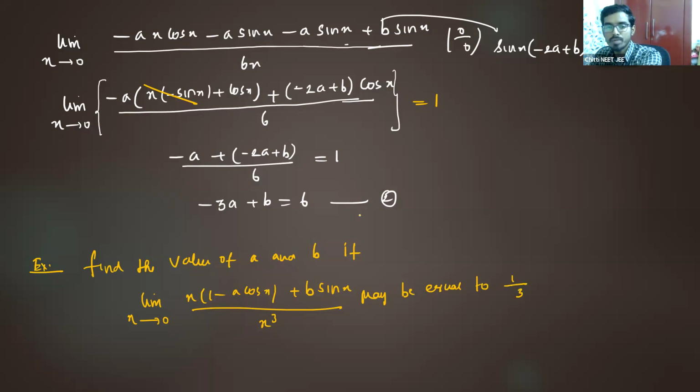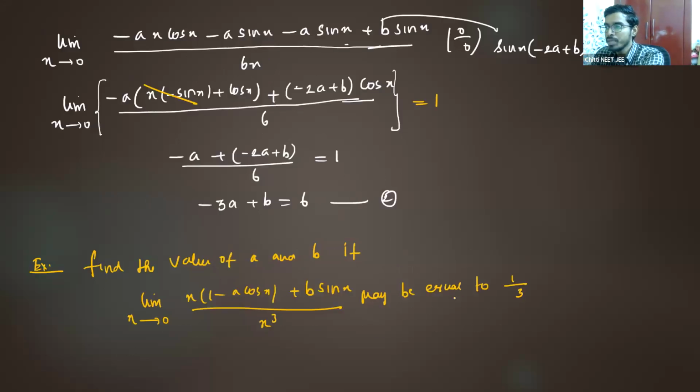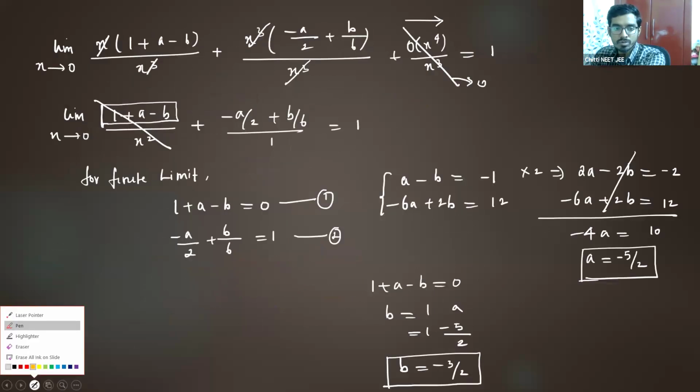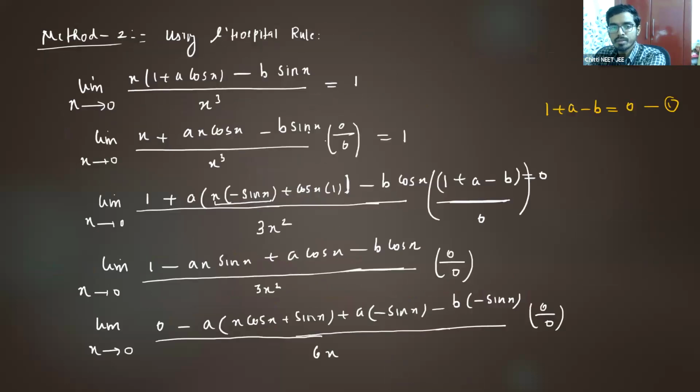So in the previous problem we have minus b here. So instead of minus b you have plus b and the limit is equal to 1 by 3. So you apply Maclaurin series directly. So in the group you can share your solutions. I will do the third problem now. You apply the Maclaurin series expansion. Here we have plus b and then equal to 1 by 3, not 1.